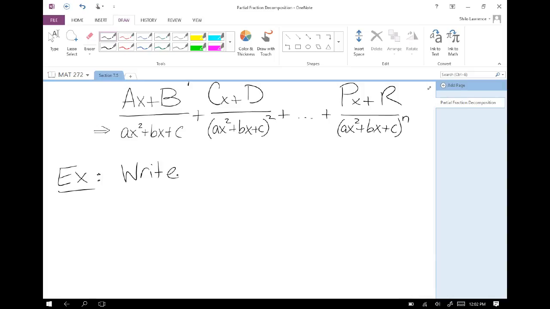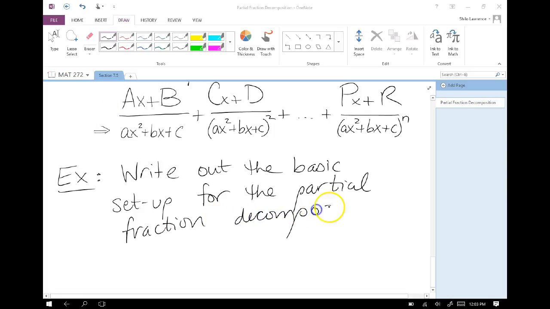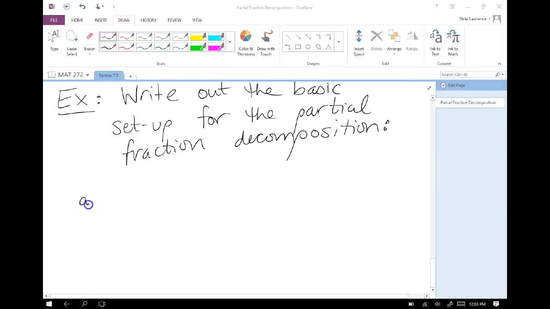We're just going to write out what the basic setup would be. 2x minus 5 over x squared plus 9x plus 20.